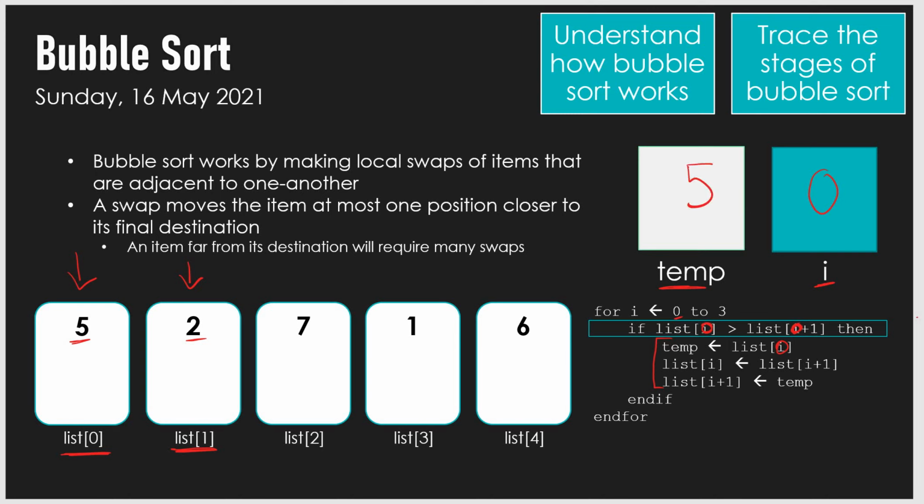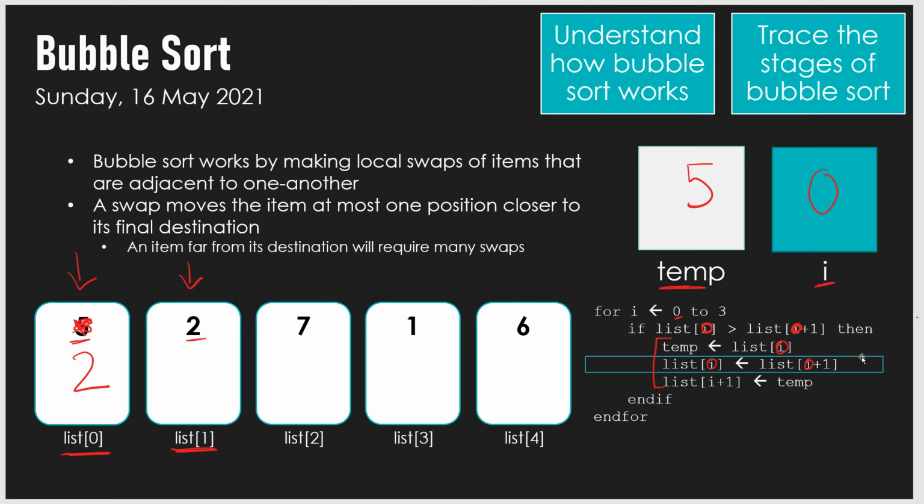The second line of code, I'm going to bring this square down here. The second line of code is saying list[i], again list[0], is going to be assigned list[0 + 1]. So we're going to take the number 2 and store it in this index here, index 0.